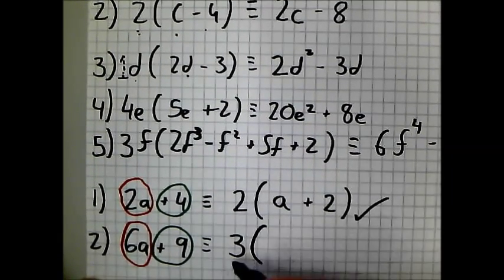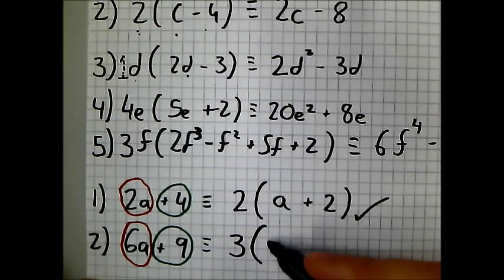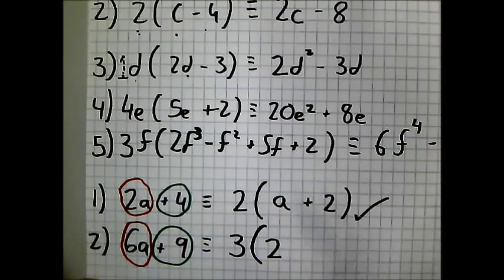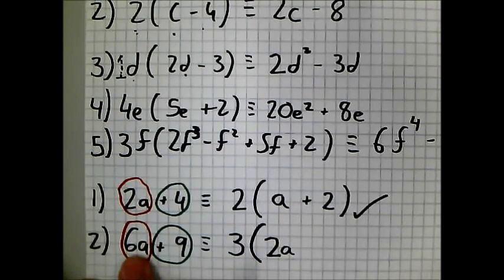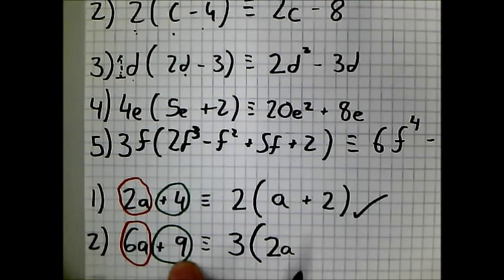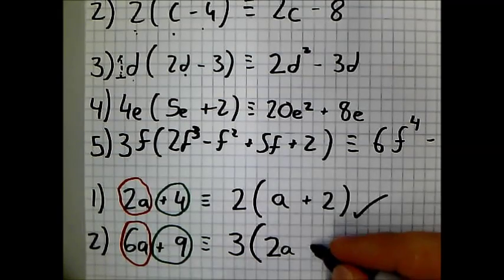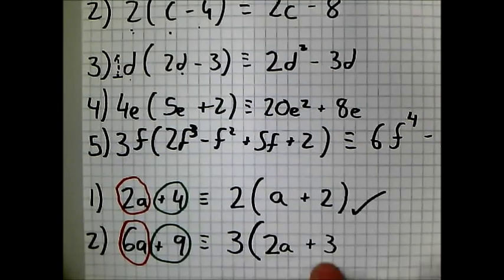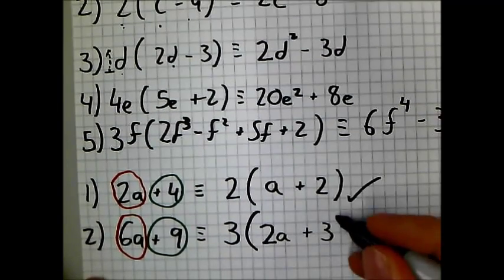Now, I know to get from 3 to 6, I need to multiply it by 2. And to get the a, I need to multiply it by an a as well. So 3 times 2a is 6a. And I need to multiply 3 by something to make it 9, or positive 9. The answer is positive 3. 3 times positive 3 is positive 9. Close the bracket.